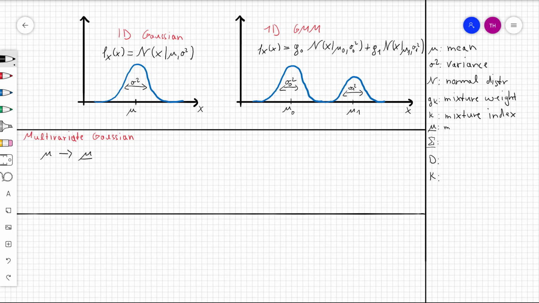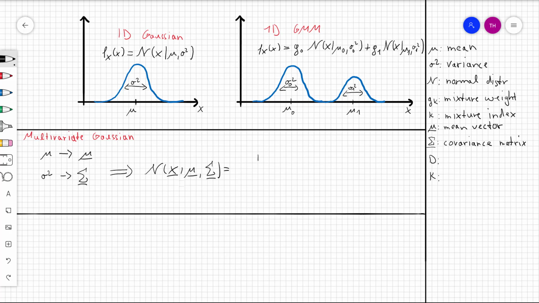So we have a mean vector, and we have to go from our variance, small sigma, to the matrix big Sigma, which is our covariance matrix. And when we do this change, we can then define the multivariate Gaussian distribution. Our x is then a vector as well, so we have the normal distribution of our vector x given our mean vector and our covariance matrix.